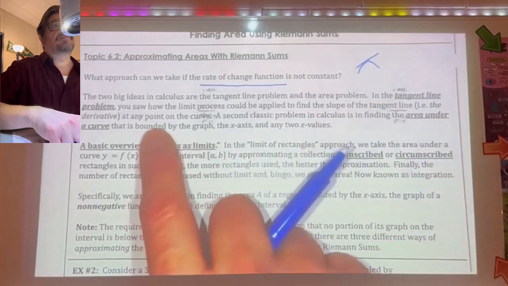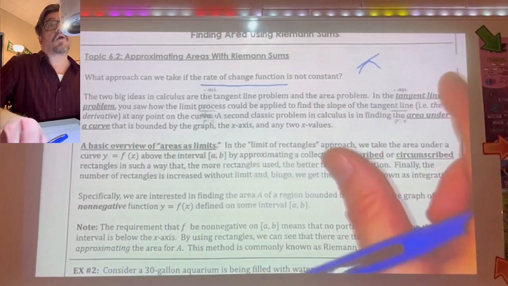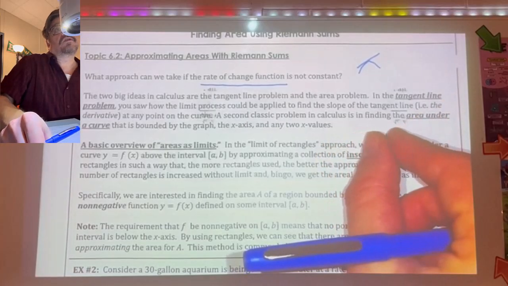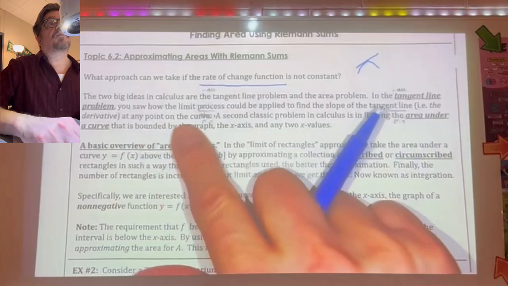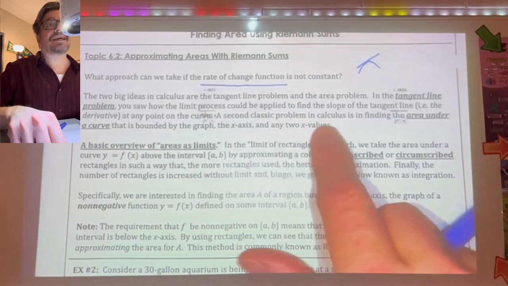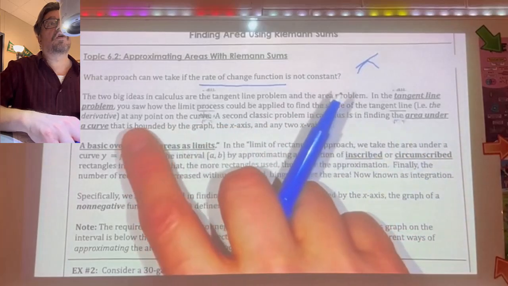So in the tangent line problem, you saw how the limit process could be applied to find the slope of the tangent line over smaller and smaller intervals as h went to 0, at any point on the curve. Now the second classic problem in calculus is finding the area under a curve.